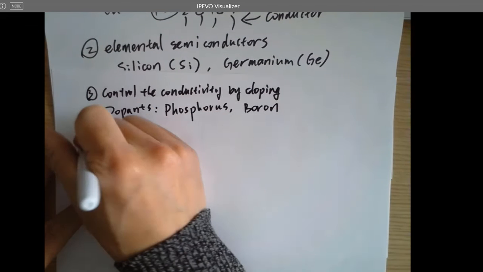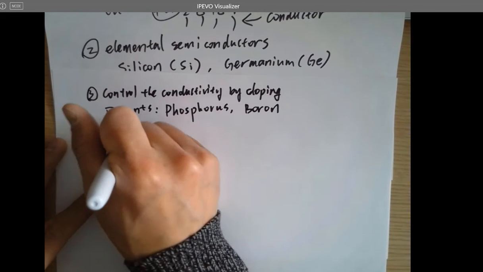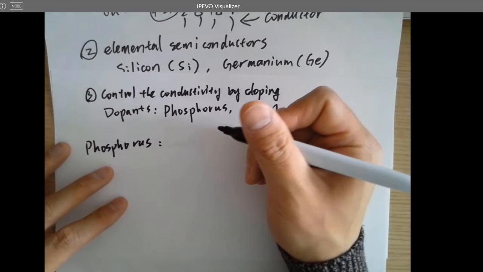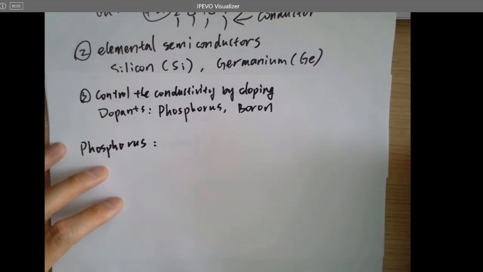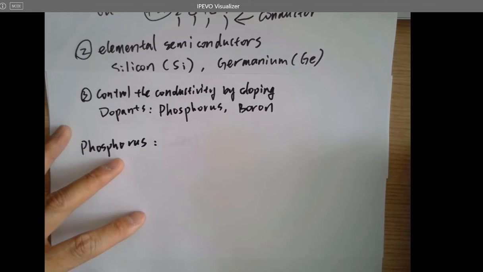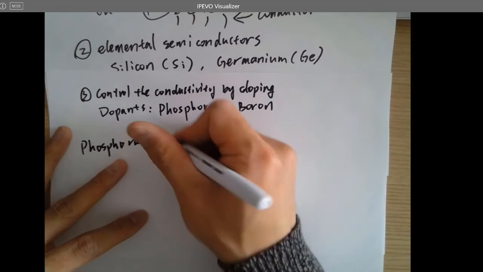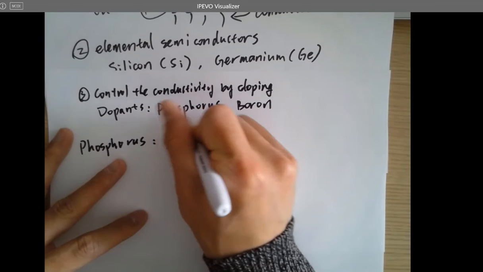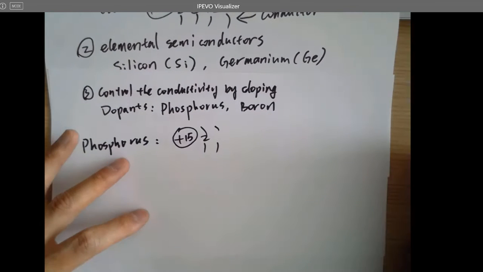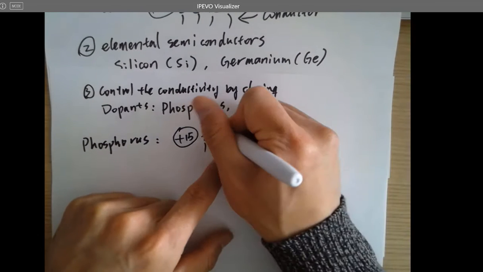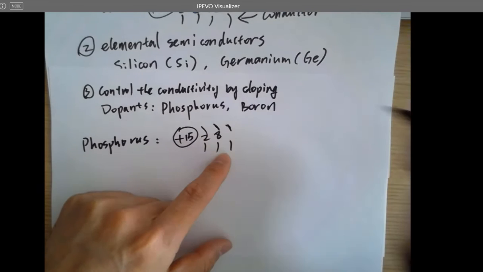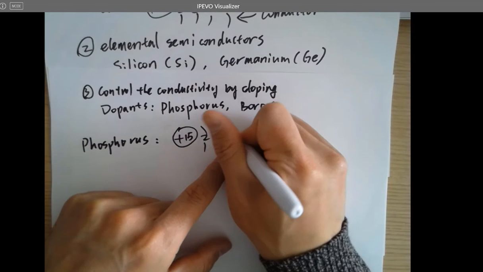So phosphorus, how many protons does it have for each atom? 15. Two. Do we have 8 here at the second shell? What about the third? 5 left.